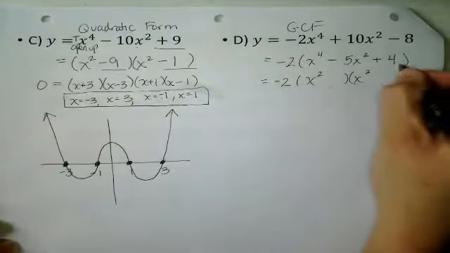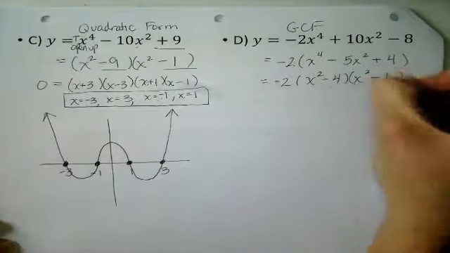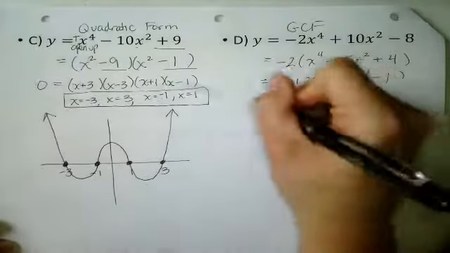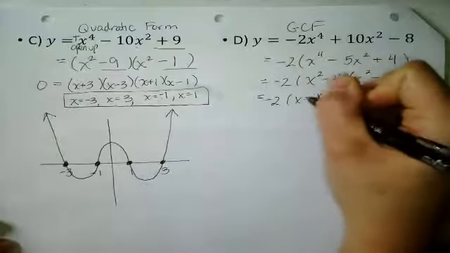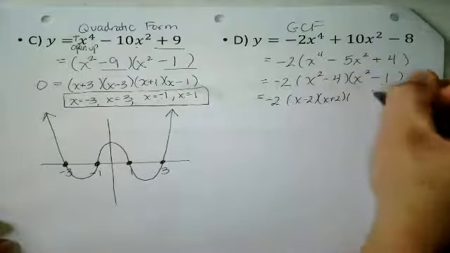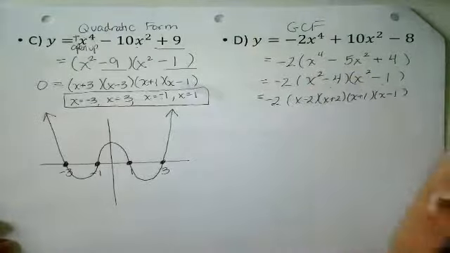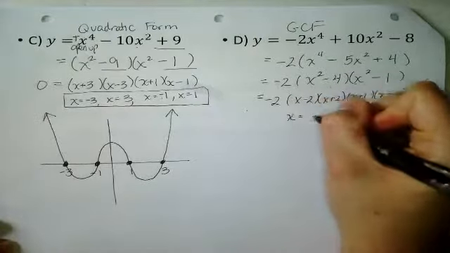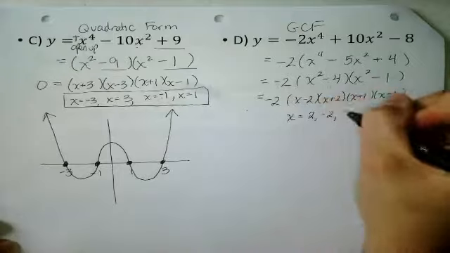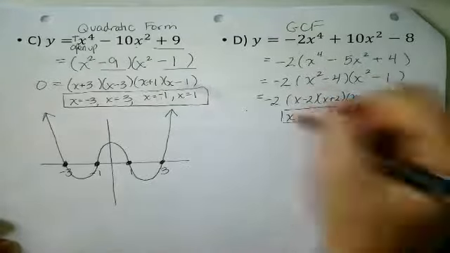What times what is +4? -4 and -1. Those are all difference of squares. So we get x minus 2, x plus 2. And difference of squares here, x plus 1, x minus 1. So our solutions for x are 2 and -2, -1 and +1. So these are our x-intercepts.